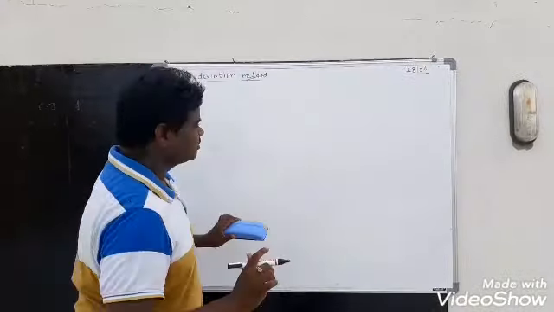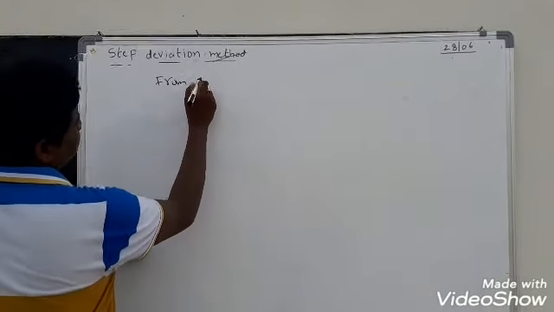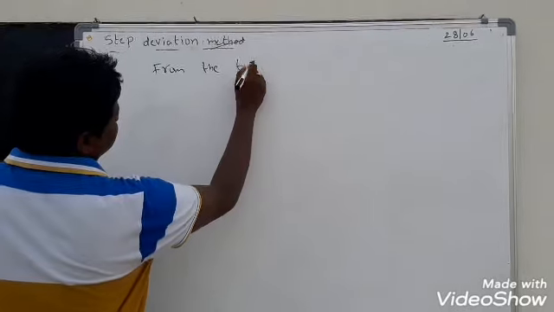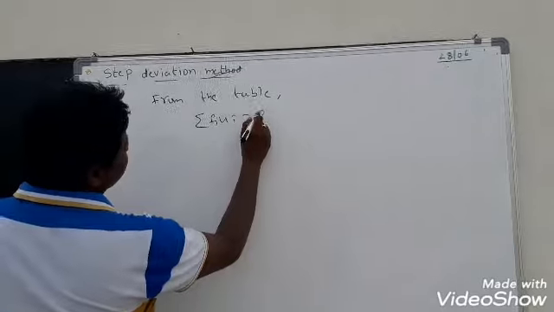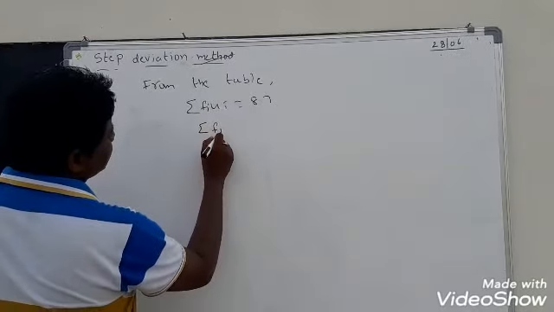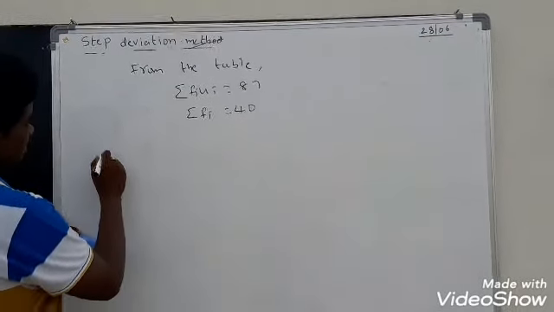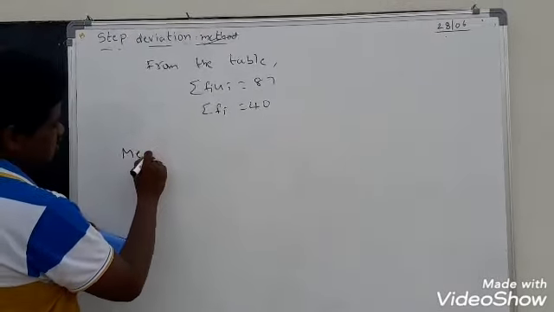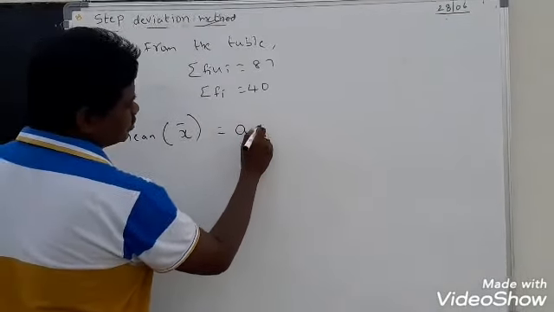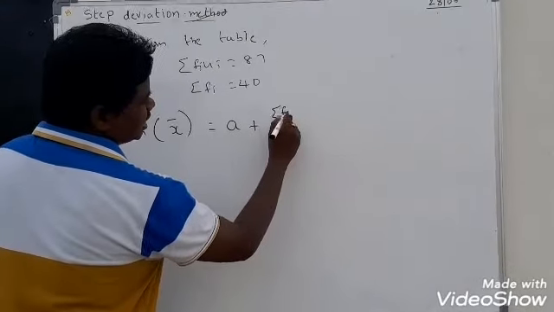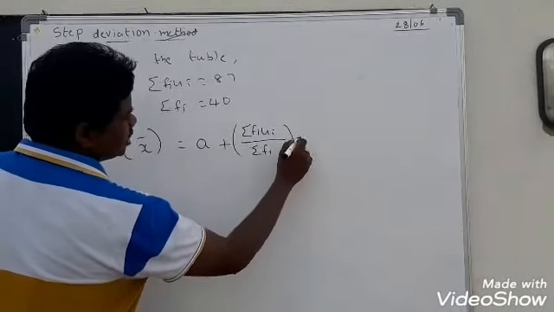So from the table we get sigma fi ui equal to 87 and sigma fi equal to 40. Now I want to apply the mean formula, step deviation. The mean, represented by x bar, is equal to a plus sigma fi ui by sigma fi into h.